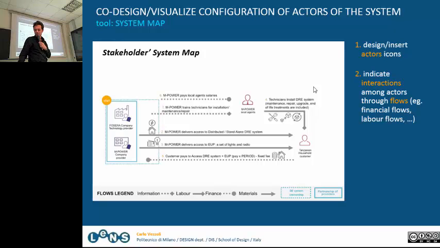Again, information, financial, material flows, and so on. And you will learn that there are different types of graphics to show the type of flow. You can see there below.